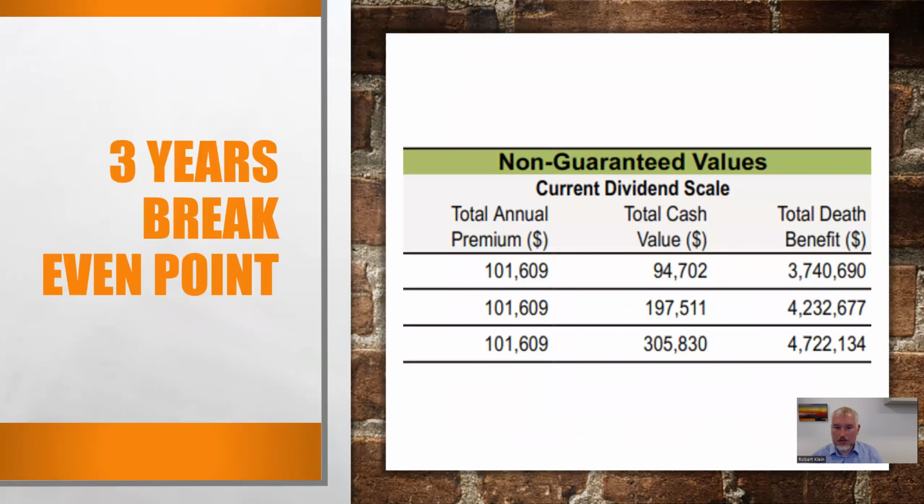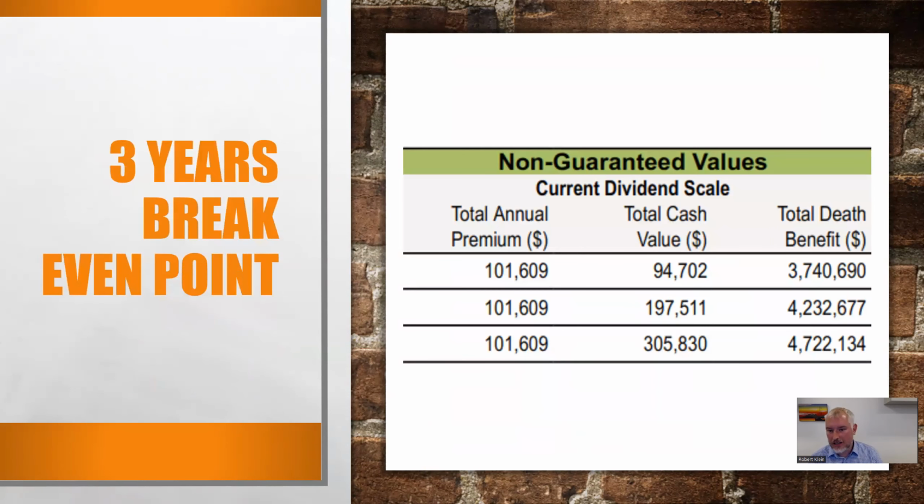Well, same 100 grand being put into an optimized contract, we start at like 93% in year one, and then by year 3, we basically have all of our cash value back to us. So the break-even point in an optimized contract would look like this.